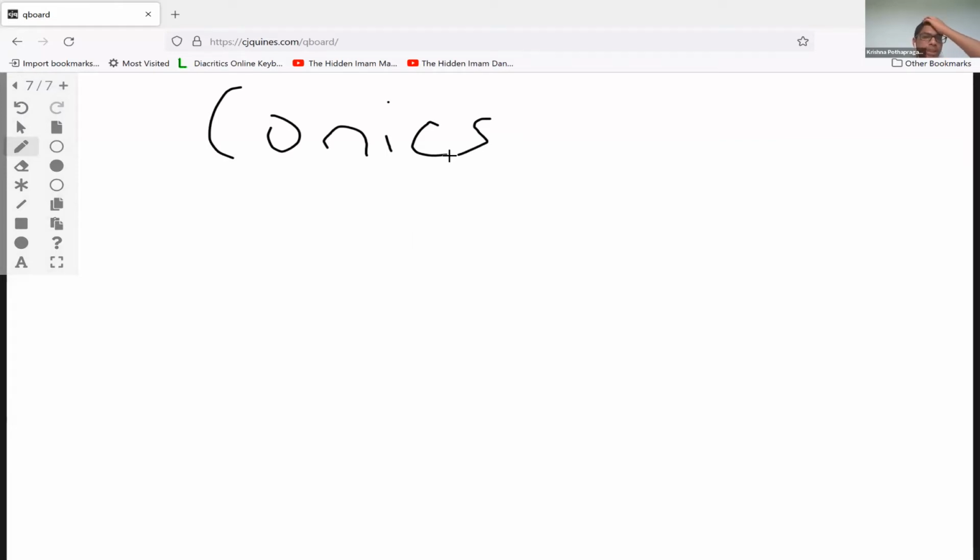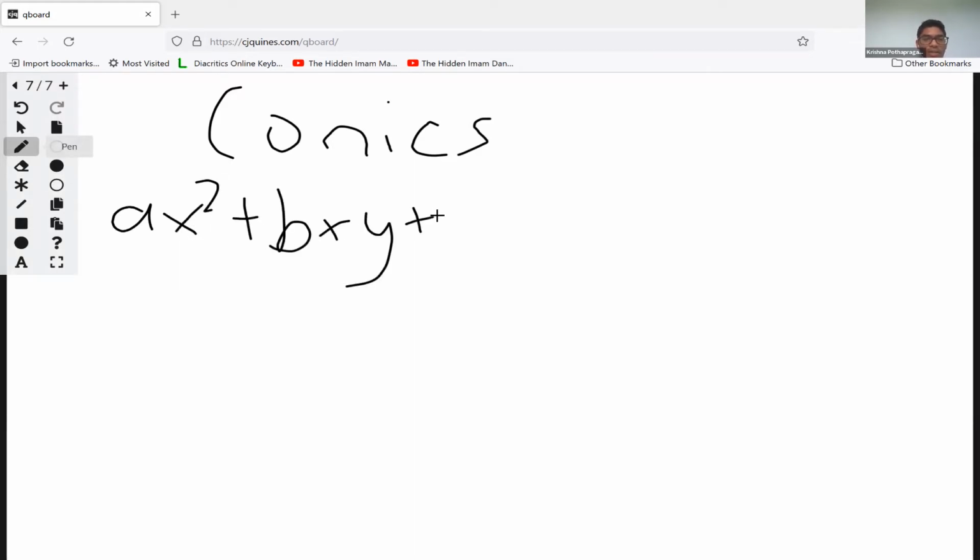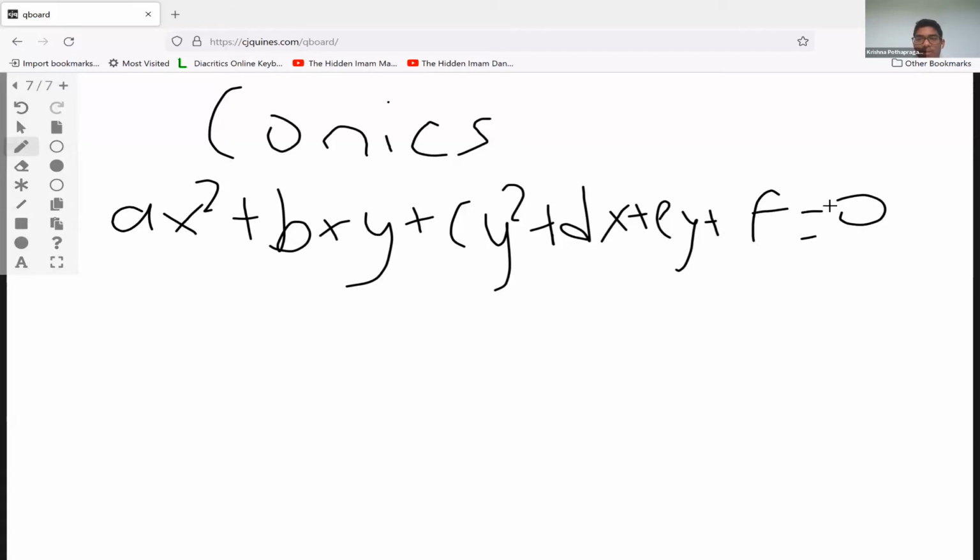So in Cartesian coordinates, we would say that a conic is something of the form ey plus f equals 0.